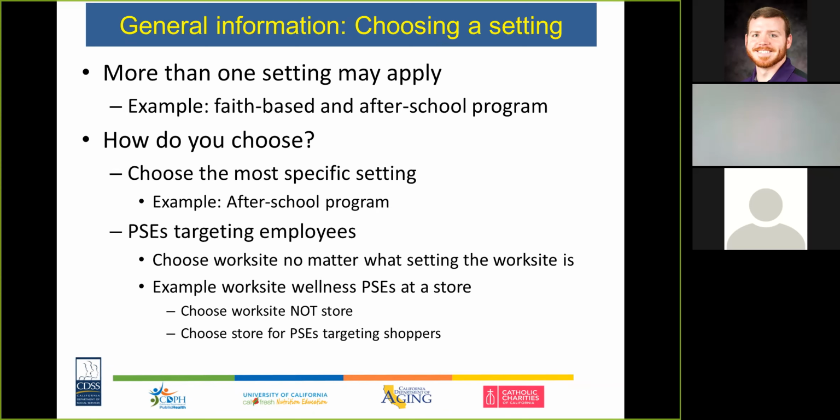For example, if the site itself physically was a faith-based setting like a church, but you're reporting on an after-school program, you would choose the most specific setting. So in this example, you would choose after-school program, even though it was on the site of a church, because you're talking about the after-school program that's at that church.